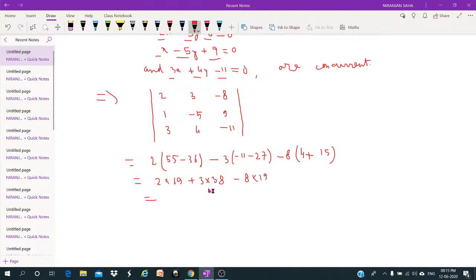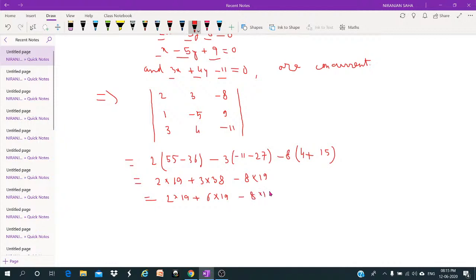If we take 19 common, you can divide this 2 into 19 plus 6 into 19, 19 to the 38 minus 8 into 19.